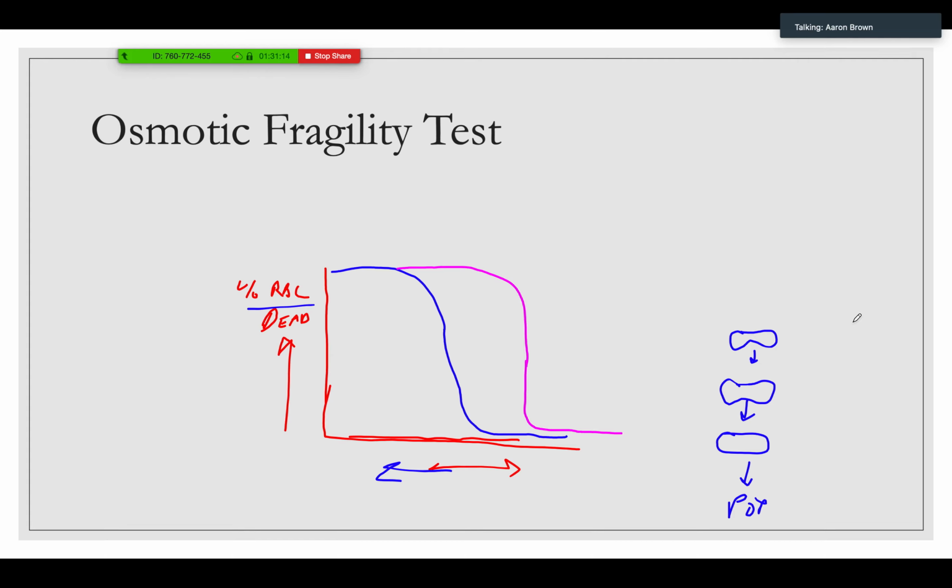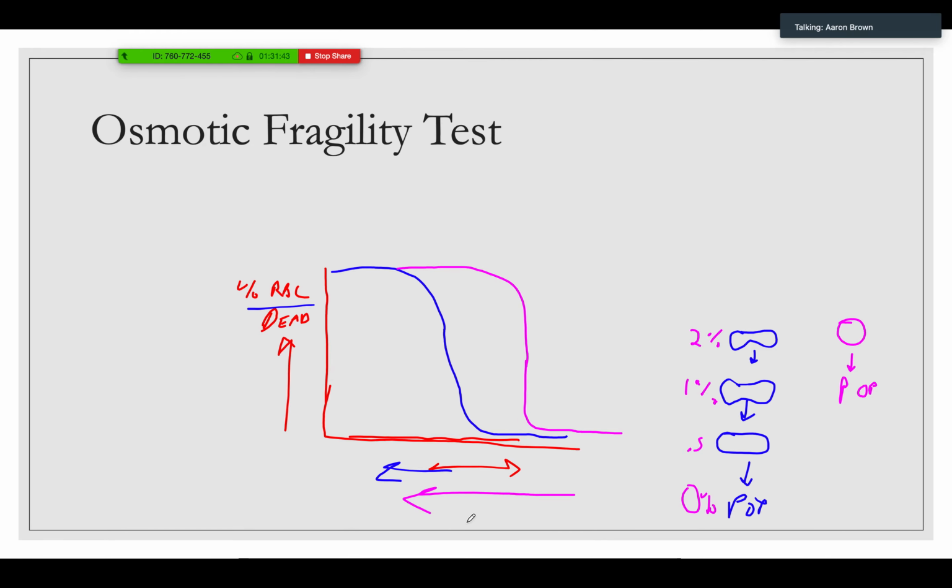As we're moving our spherocyte from, say, this is 2% saline, this is 1% saline, this is 0.5% saline, and this is just pure water, is when it pops. For our spherocytes, these are going to pop already. So these are actually popping when we're moving from 2% to 1% saline. Does that make sense why I'm saying that they pop earlier as you move this way?